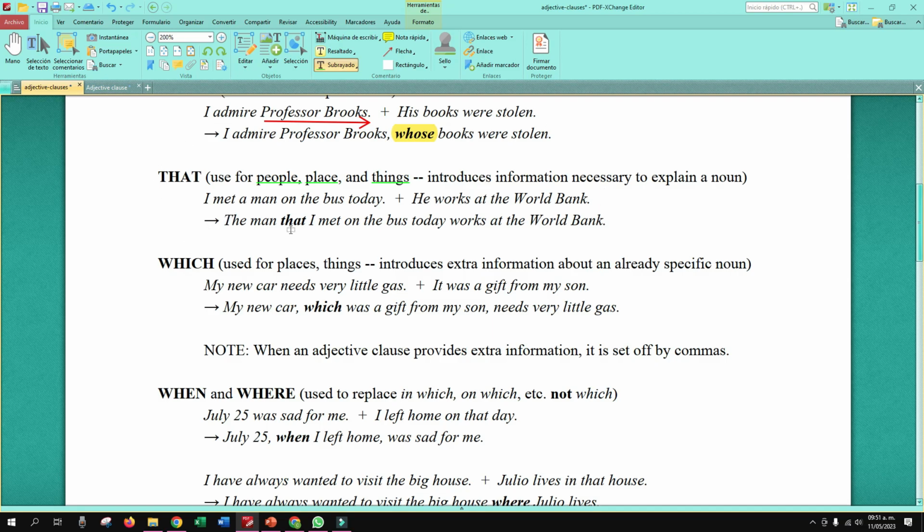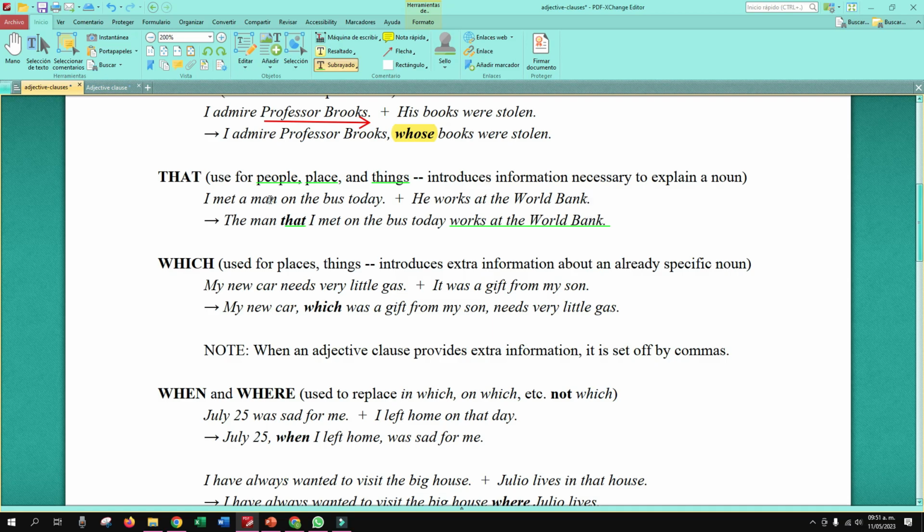So, the man that I met on the bus today works at the World Bank. So there you're introducing information that is necessary to explain something about the subject of the sentence, right?